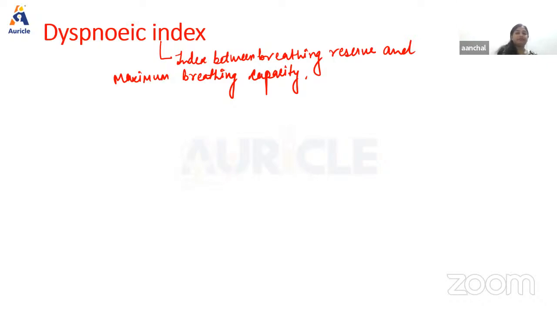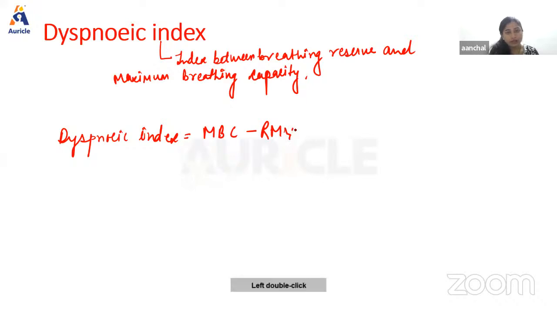If you want to calculate it, to determine this index we have a formula. That formula states: (MBC minus RMV) upon MBC into 100.